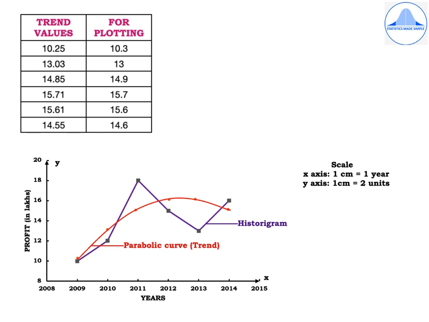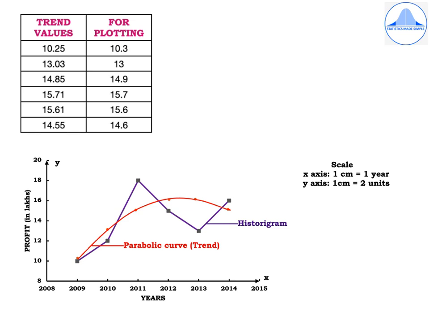For plotting purposes, I have rounded off the values to one place after the decimal, that is 10.3, 13, 14.9, 15.7, 15.6 and 14.6. On the x-axis, I have taken the years from 2009 to 2014, and on the y-axis, the scale is 8, 10, 12, 14, 16, 18, 20, that is the profit in lakhs.